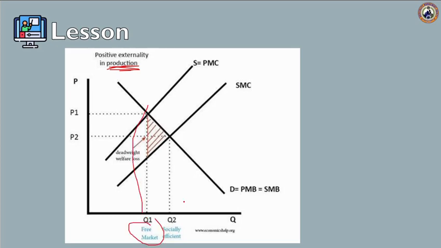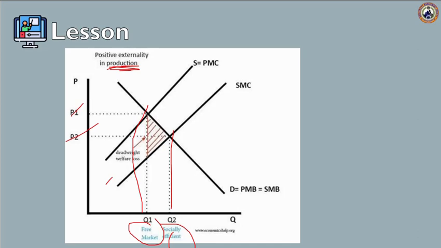This line, and this Q2, this line represents the socially efficient. The P1 is the production. P2 is also the production. And this one is the deadweight welfare loss. We'll explain what this graph means.